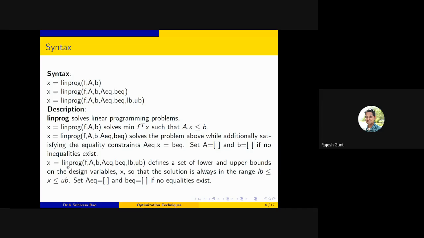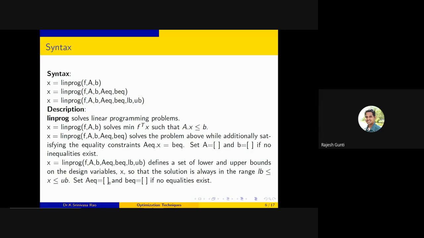So this one is linprog(f, A, b, Aeq, beq, LB, UB), lower bound, upper bound, which defines a set of lower and upper bounds on the design variables x, so that the solution is always in the range between lower bound and upper bound. If no equality constraint, we set it empty.